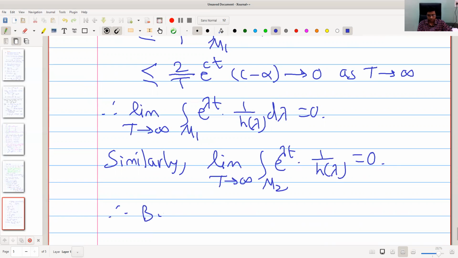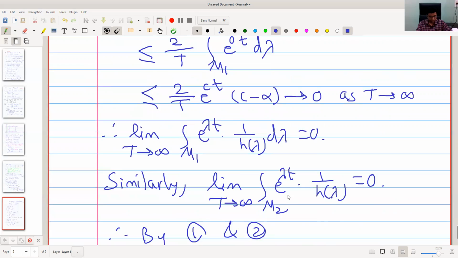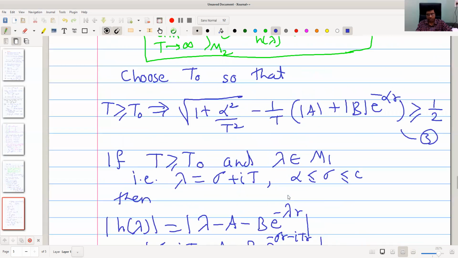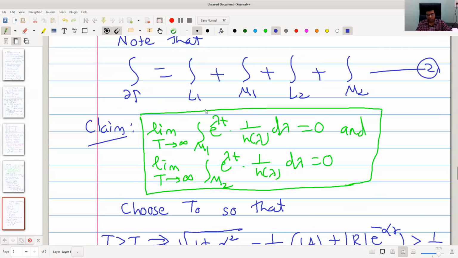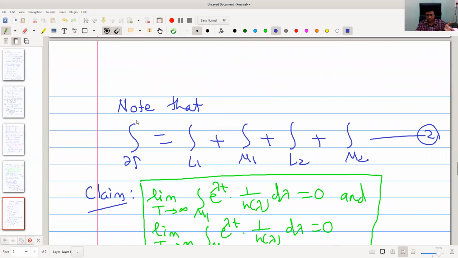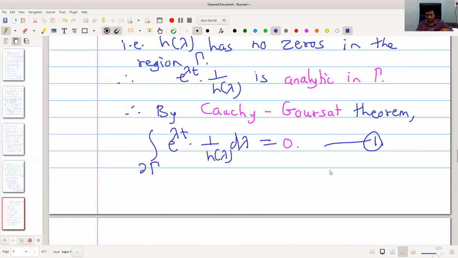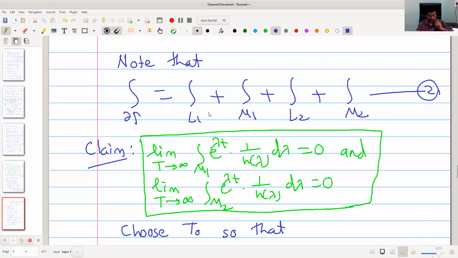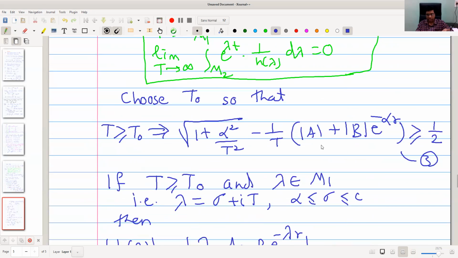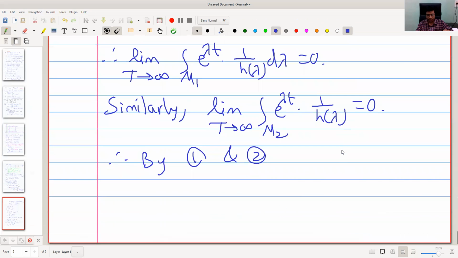Therefore by 1 and 2, as we discussed earlier, these two integrals are 0. We are taking the limit as t tends to infinity, and of course we can multiply by 1 upon 2 pi i on both sides and use 1. You can show that the integral along L1 plus the integral along L2 is 0.